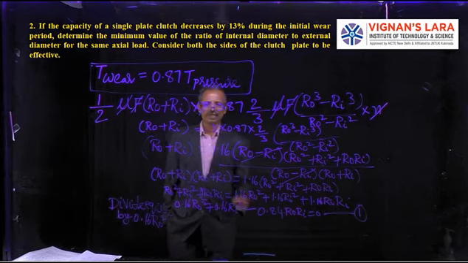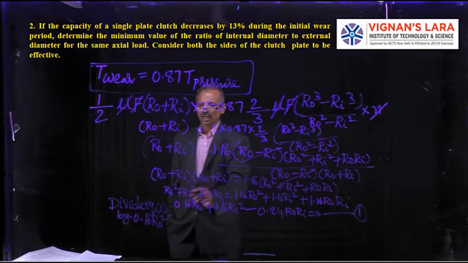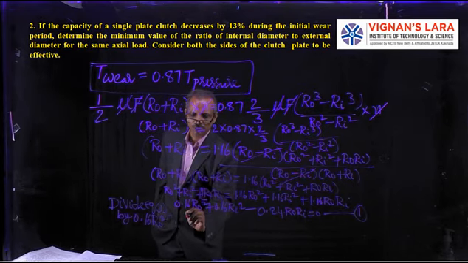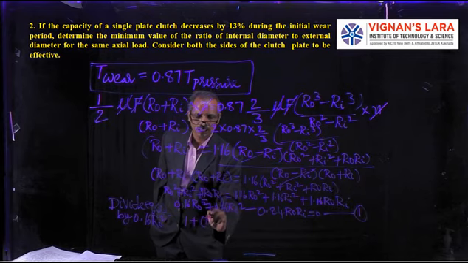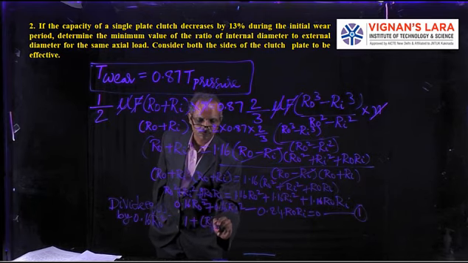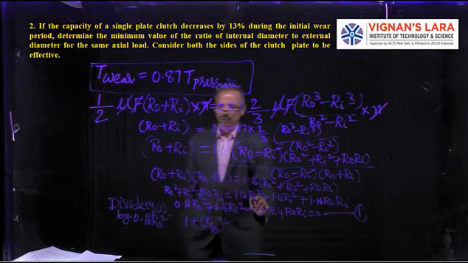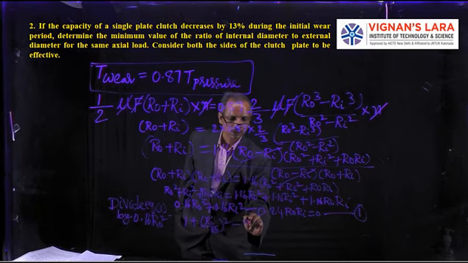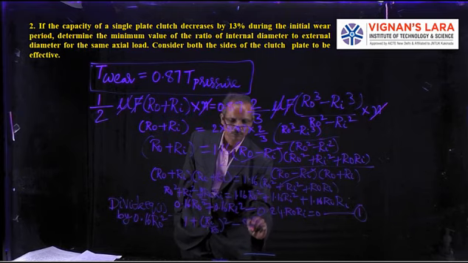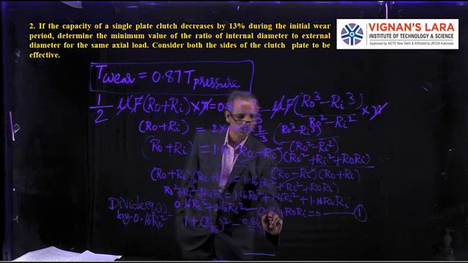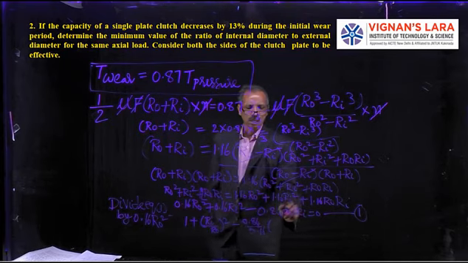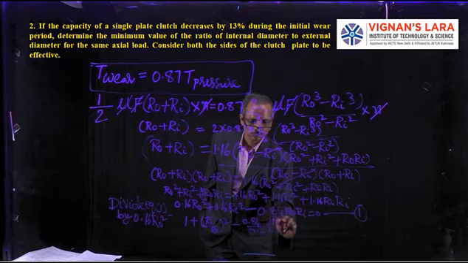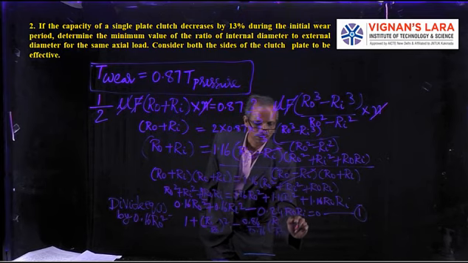So this becomes simply 1, then 0.16 gets cancelled, Ri square by R naught square, minus 0.84 by 0.16 into R naught Ri by R naught square, so Ri by R naught, is equal to 0.